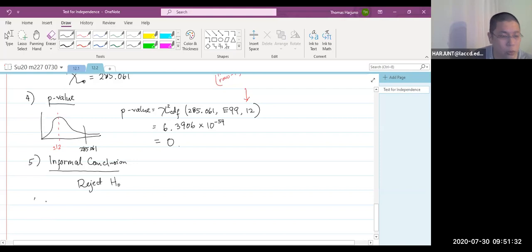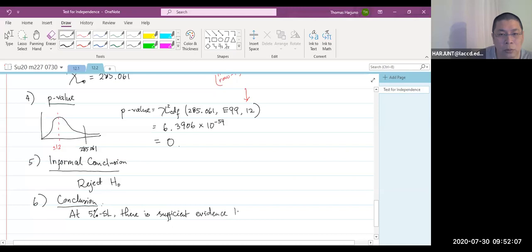And then step six, conclusion: at the 5% significance level, that's from the question, I believe, there is sufficient evidence to suggest that health and education are related.